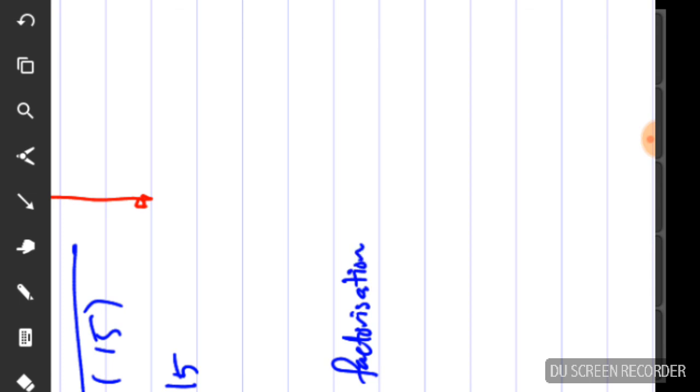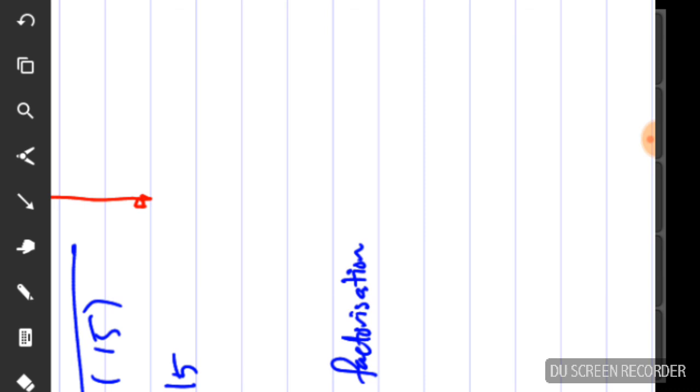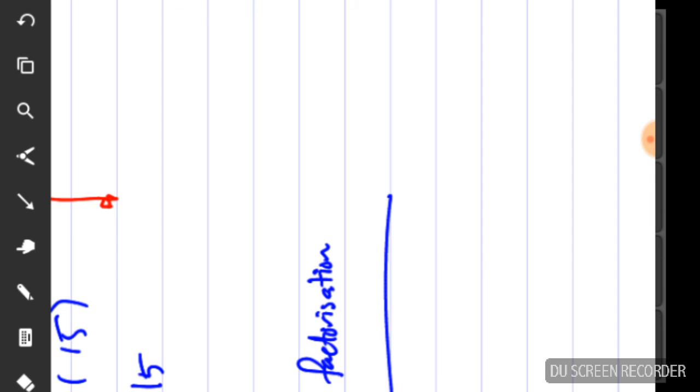So in this case, let's present the answer properly. So I copy down the question. This is 291,600. Alright, by doing the ladder method, we know that this will be 2 to the power of 4 times 3 to the power of 6 times 5 to the power of 2.